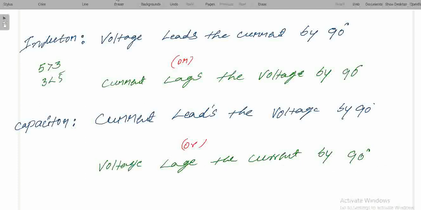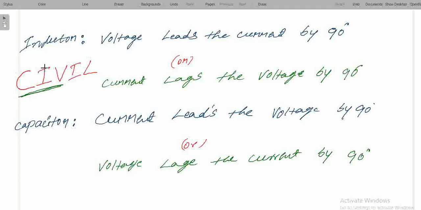So how to remember this one? Let us consider an engineering branch, that is civil. C-I-V-I-L. In this C-I-V-I-L, this C is nothing but your capacitor, this L is nothing but your inductor. So for the leading and lagging statement for capacitor, just take the first three letters.